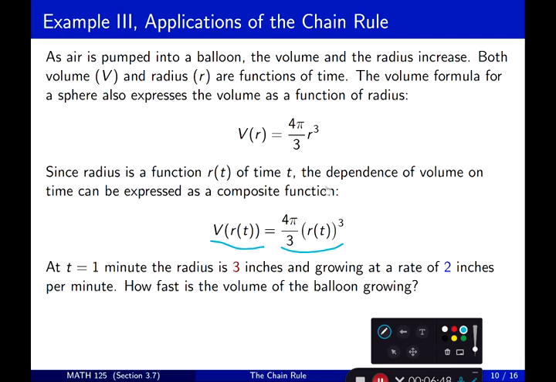So there is an inside function and an outside function here, 4 pi over 3 being a constant coefficient, and I use the chain rule on this part.